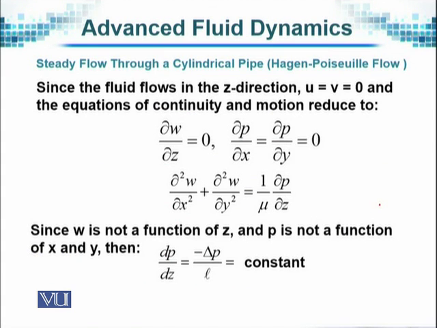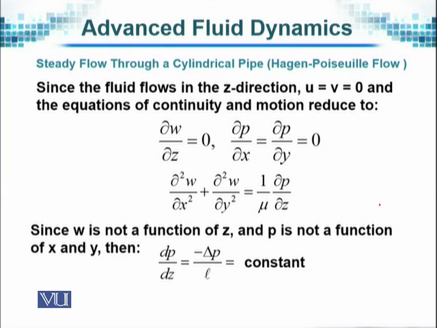Now we again attack the Navier-Stokes equation, and from that we determine that since the fluid flows in the z direction, the velocities u and v are 0, because they are the components in the x and y directions respectively, and they lie in a plane that is normal to z.